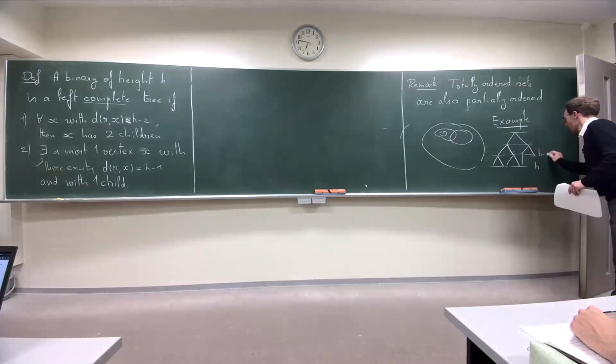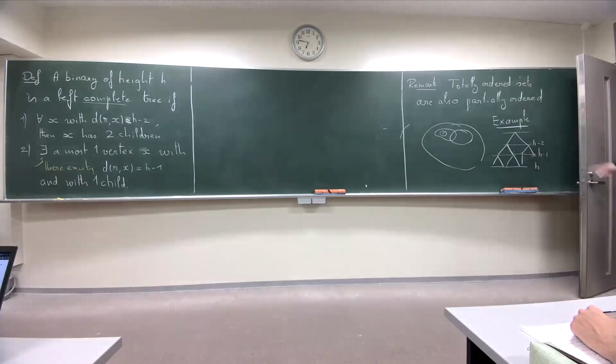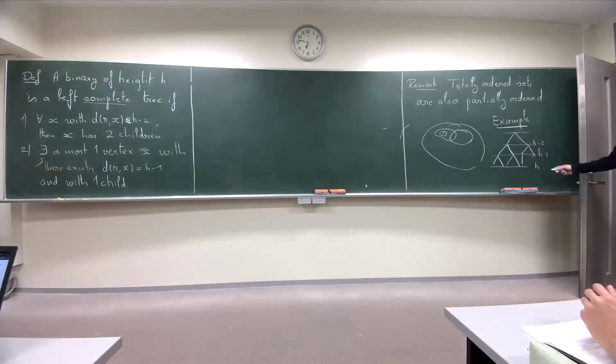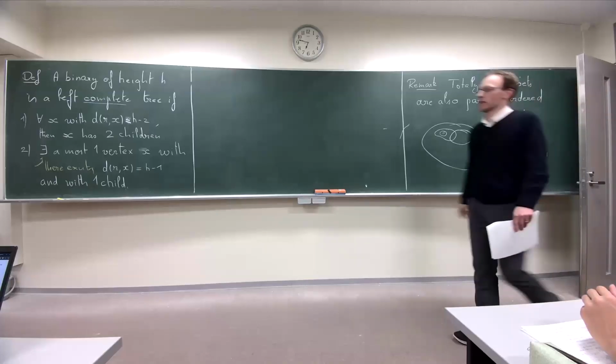This is h minus 1. This is h minus 2. So the first line was fine for my picture. Now the second condition: at level h minus 1, at most one vertex has only one child. It can have 2 or 0, and at most one has 1.